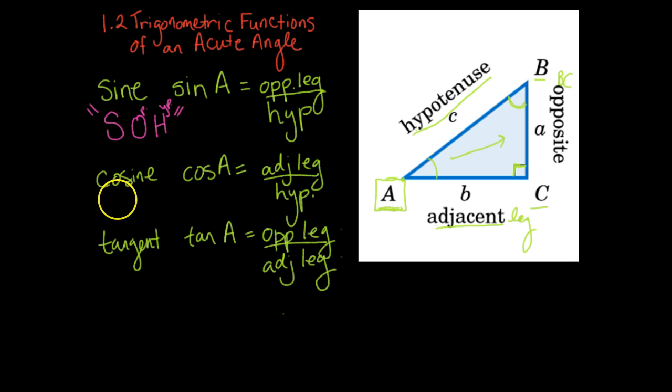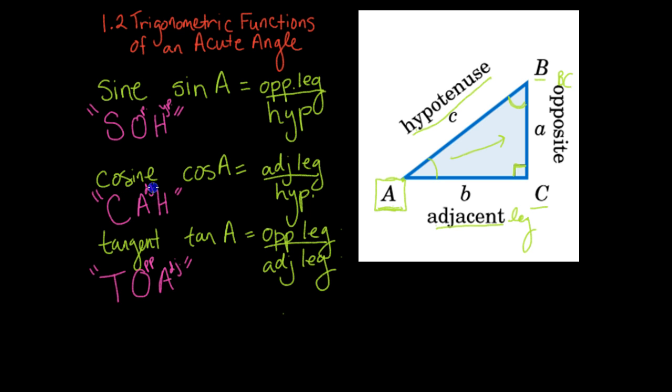Cosine, CAH, is the adjacent leg over the hypotenuse. That's "ka", like the raven. And tangent is TOA, opposite leg over the adjacent leg. So that's just a nice way to remember your trig ratios.